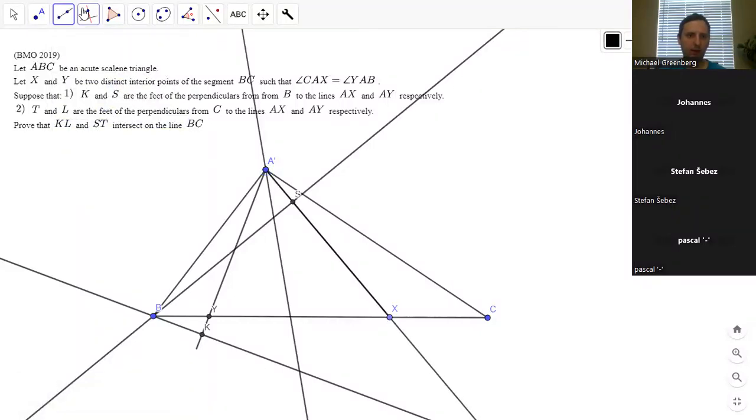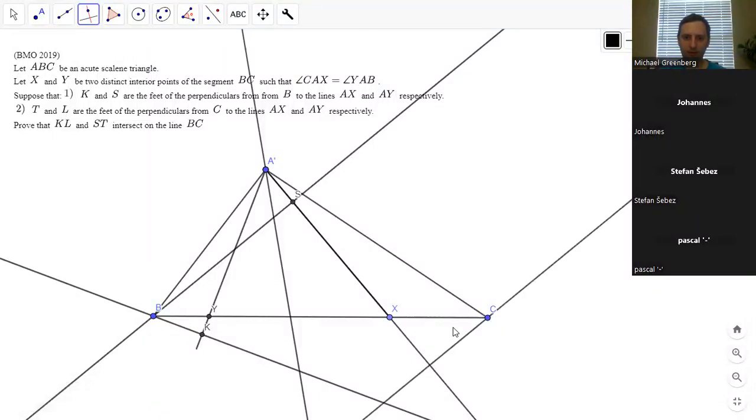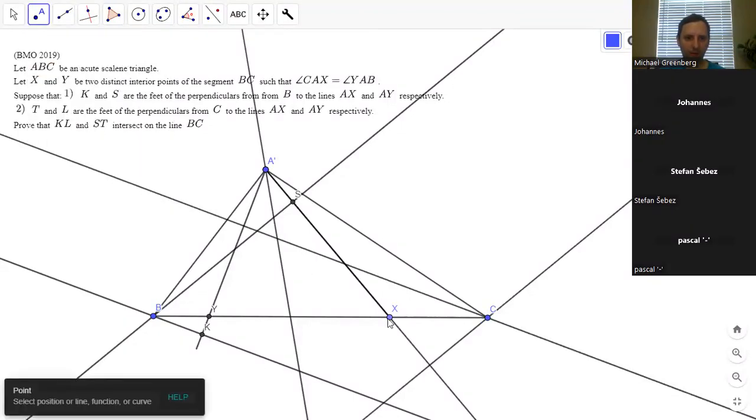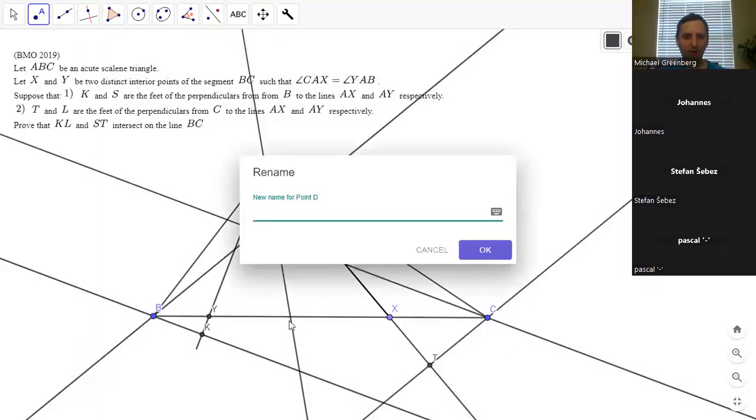So we want C to AX and AY. Yeah, this does look very familiar. I think we probably solved it before, but let's see. So we would have T and L. Oh, this does look familiar.